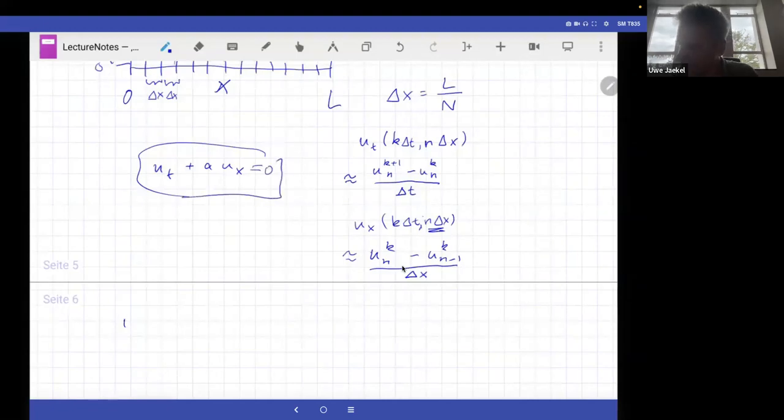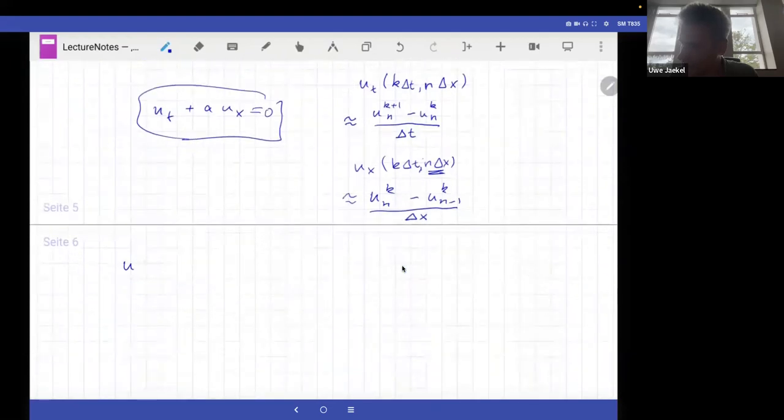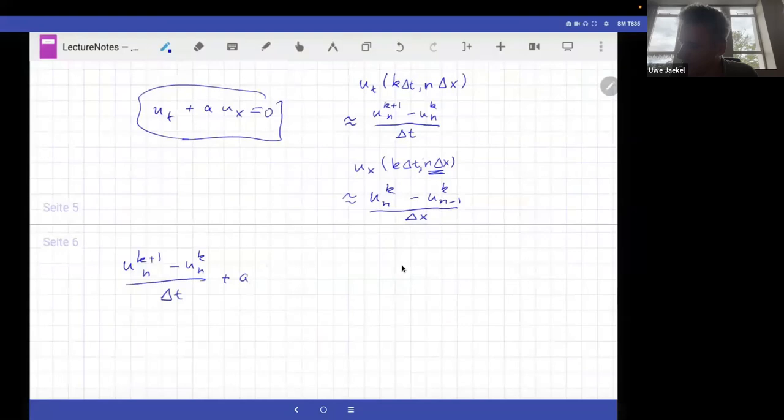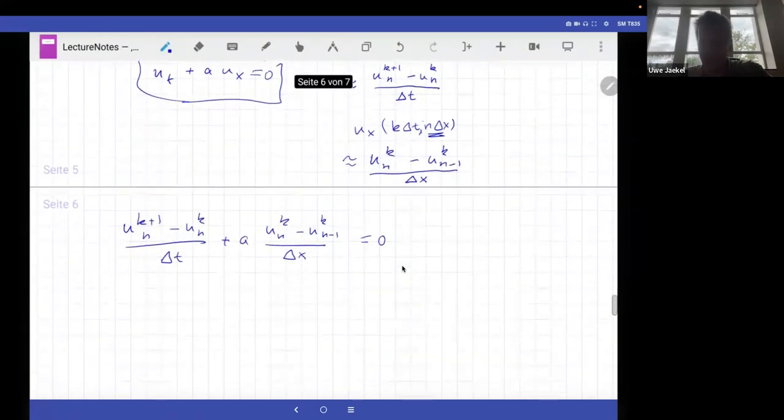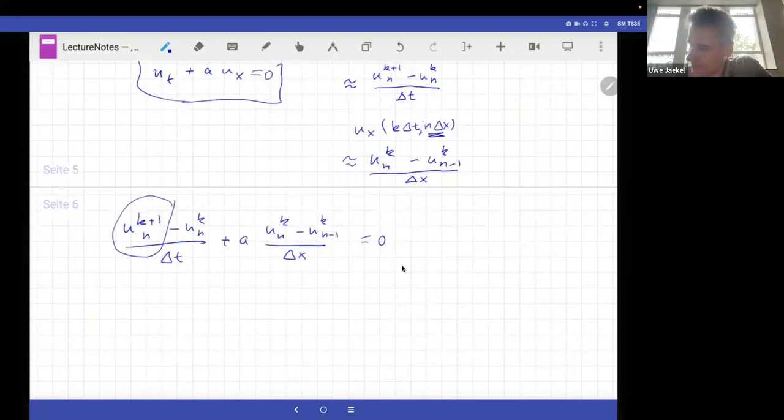And we get the system. We get as an equation (u_n^(k+1) minus u_n^k) divided by delta t, plus a times (u_n^k minus u_(n-1)^k) divided by delta x, equals 0. And this now allows us to solve for u^(k+1).